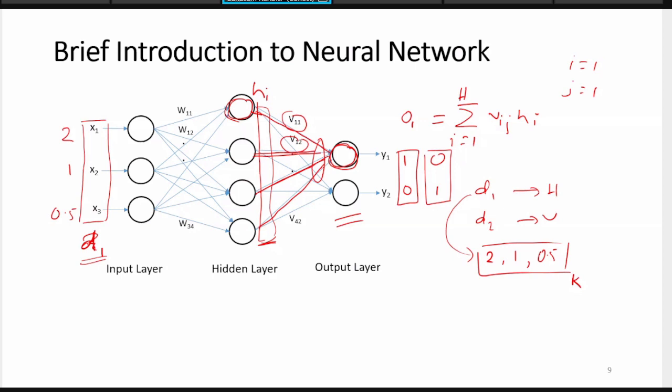Having a hidden layer will help, because your input vector may not be appropriate. So you may have a better representation by having a hidden layer. But that is what I'm going to discuss. Let us continue a little bit, and then let us come back to that.